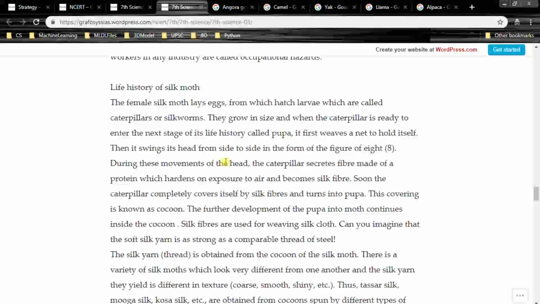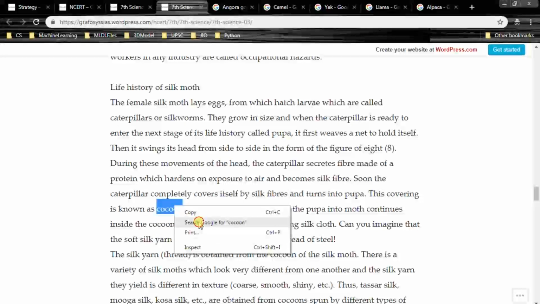So next they secrete fiber made of protein, and when it is exposed to air it will become silk fiber. The caterpillar completely covers itself by silk fibers, right, and it turns into pupa. So the covering which we have seen in an earlier chapter, the cocoon, the covering is known as cocoon.